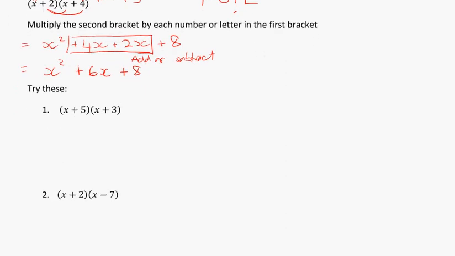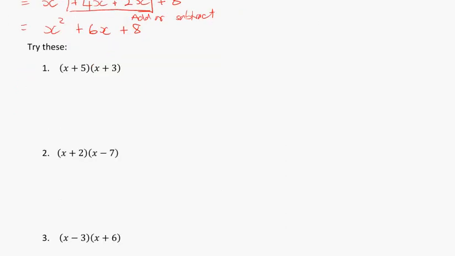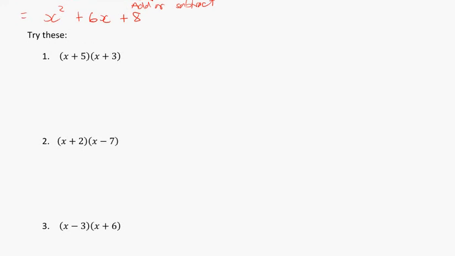Okay, let's try some. We'll put down our FOIL. So multiply your first terms together, x squared, outside terms together, plus 3x, inside terms, plus 5x, last terms, plus 15.